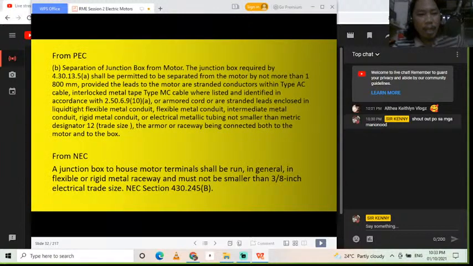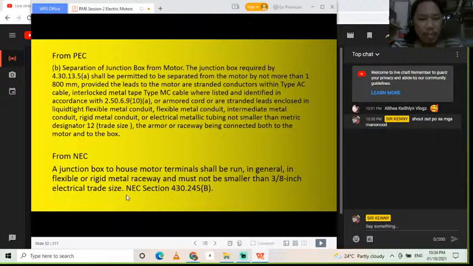So, galing sa National Electrical Code, ito muna ating basahin. From National Electrical Code, a junction box to house motor terminals shall be run in general in flexible or rigid metal raceway and must not be smaller than 3/8 inch electrical trade size.